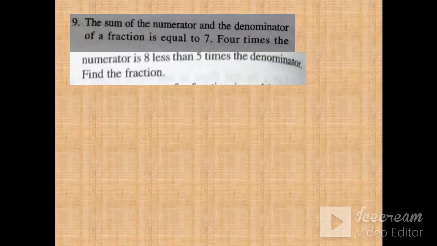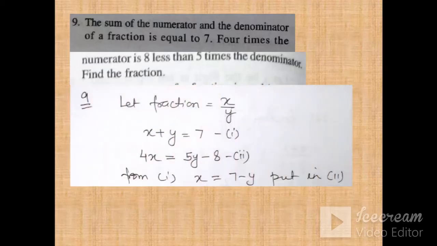Now in this one, the sum of the numerator and the denominator of a fraction is equal to 7. 4 times the numerator is 8 less than 5 times the denominator, that is 4x equal to 5y minus 8.